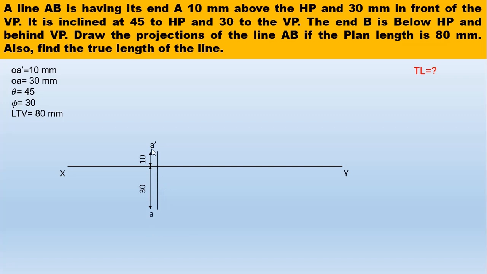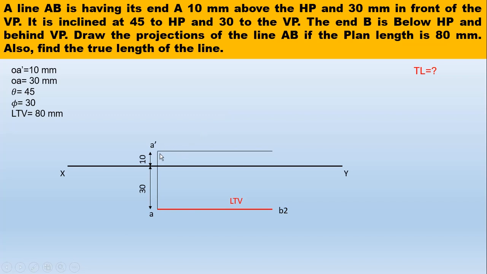So this is our point A, right? Now length of top view is given, that is 80 mm. Let's draw the length of top view. Let's say AB2 is our length of top view, which is nothing but 80 mm.